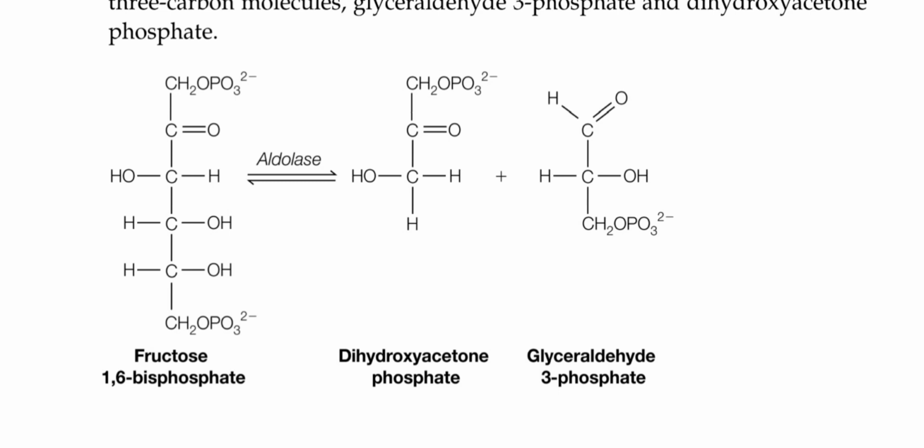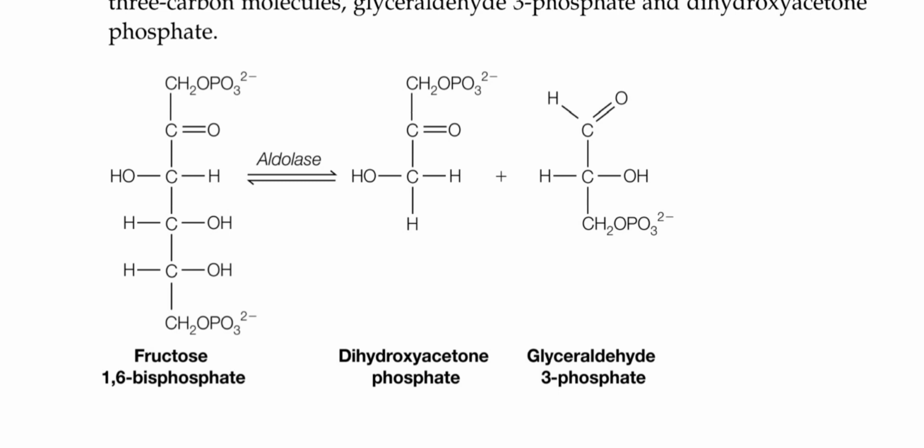So the fourth reaction of this pathway is the splitting reaction, in which fructose 1,6 bisphosphate is split into two molecules, and both of these molecules are 3 carbon molecules. This reaction is catalyzed by aldolase, and one of the molecules is dihydroxyacetone phosphate and the other is glyceraldehyde 3 phosphate.